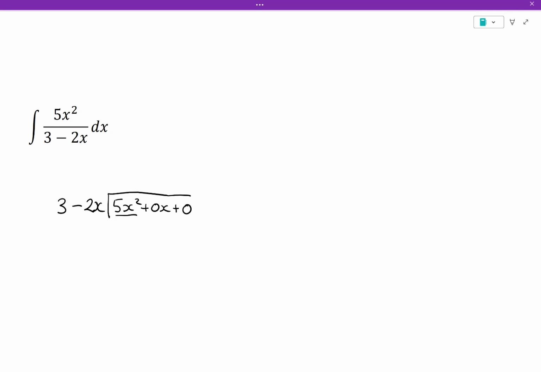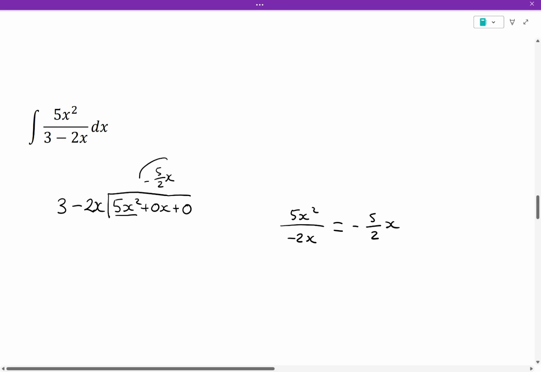So then we're going to do 5x squared divided by -2x. So 5x squared over -2x, which would become -5 over 2, and x squared divided by x is just x. So I then write that in my x column, so -5 over 2x. Then we're going to take that and multiply by -2x, which should give you 5x squared again, if you've done things correctly.